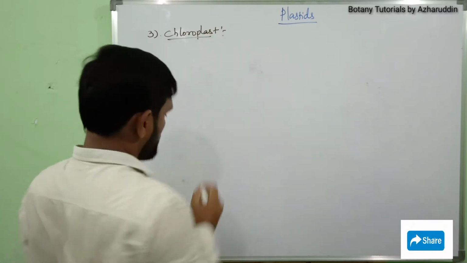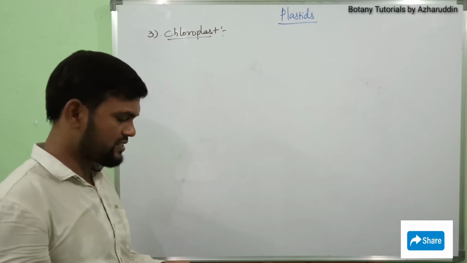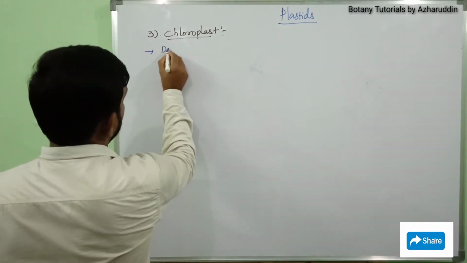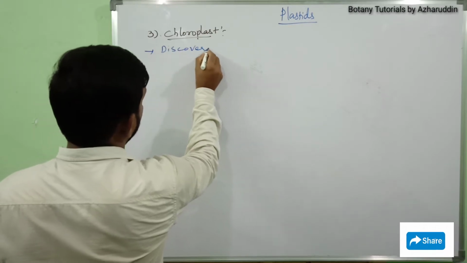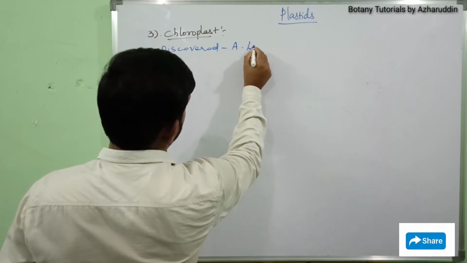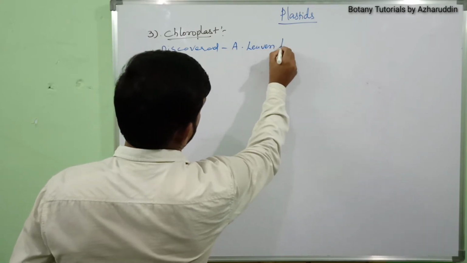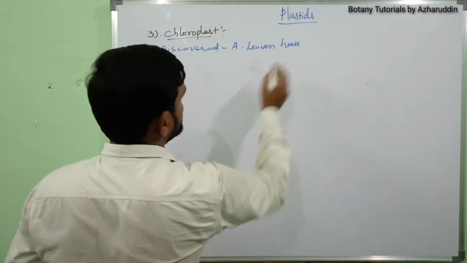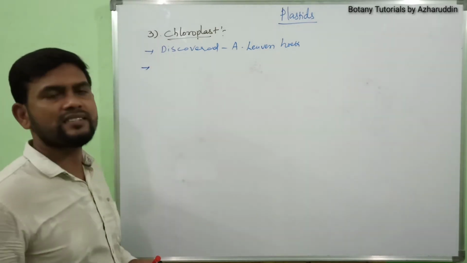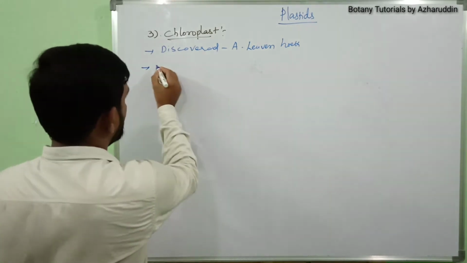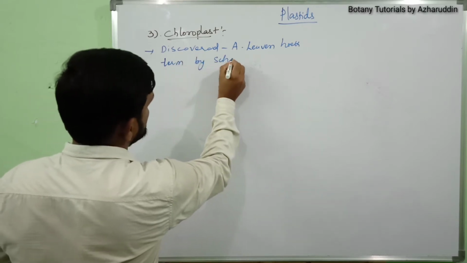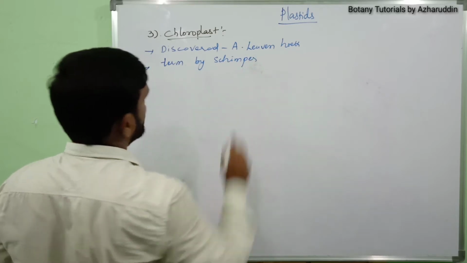Chloroplast. This chloroplast was first discovered by Anton von Leeuwenhoek. Later, the term chloroplast was given by Schimper.